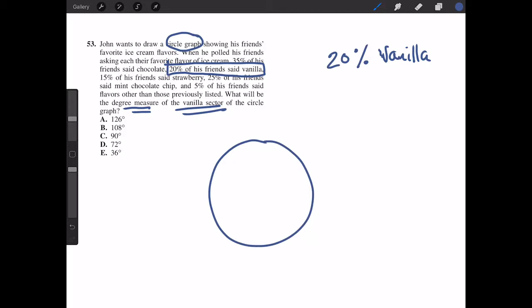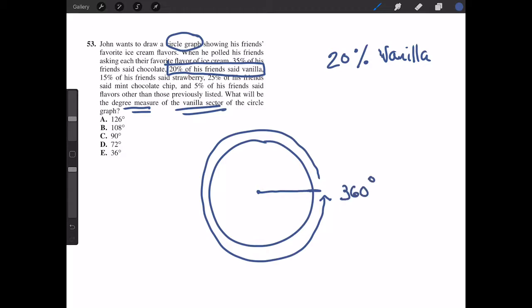Well, you know that, say if we start here, a full circle will be 360 degrees. So say that half of his friends picked vanilla. Well, half of 360 is of course 180.